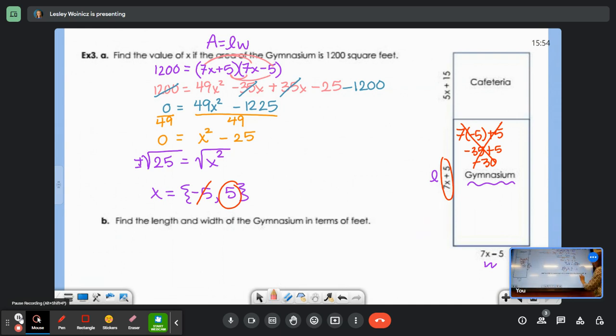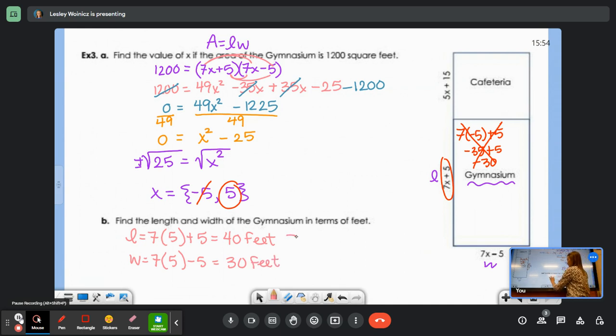Okay, so my length is 7 times my 5 plus 5 more. So 35 plus 5, that's 40 feet for the gymnasium length. My width is 7 times 5 minus 5. That gives me 30 feet.